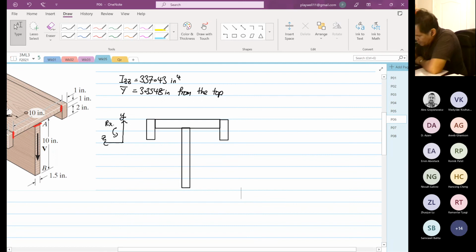We have learned shear flow already. We start constructing shear flow. So this is our Q. It will come in from here.